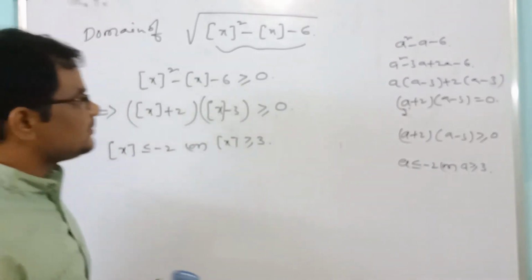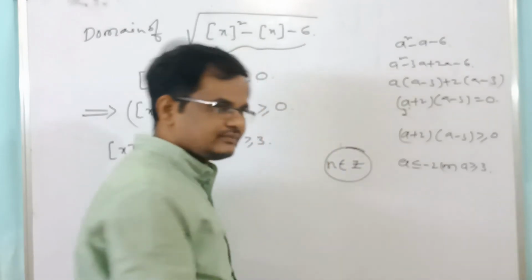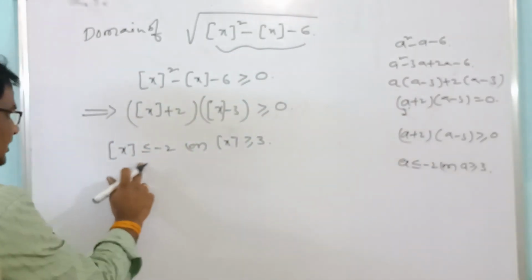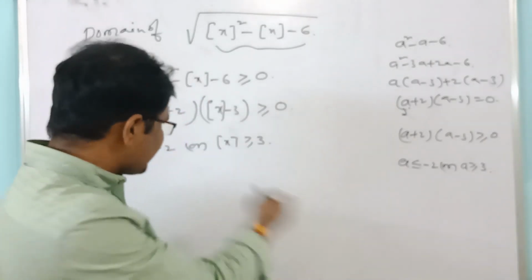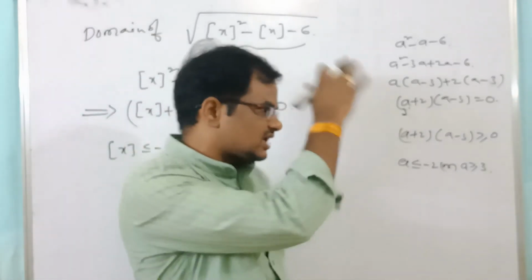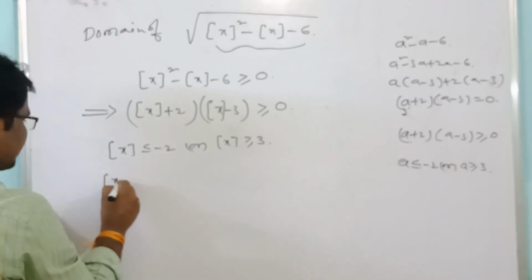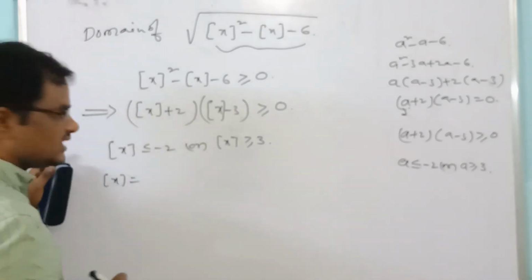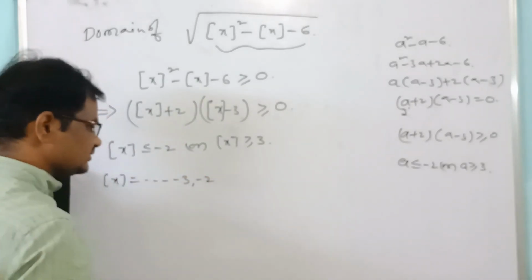Now here, in all the previous conditions, n belongs to integers. If you remember those conditions, you can directly put the answer. Otherwise, the same procedure we followed for taking the condition, we have to follow here also. Suppose [x] less than or equal to -2: what are the possible values of [x]? ..., -3, -2, right?